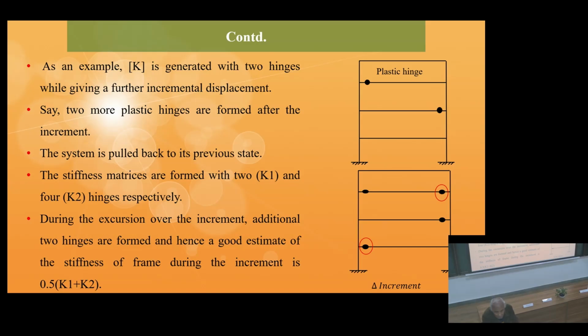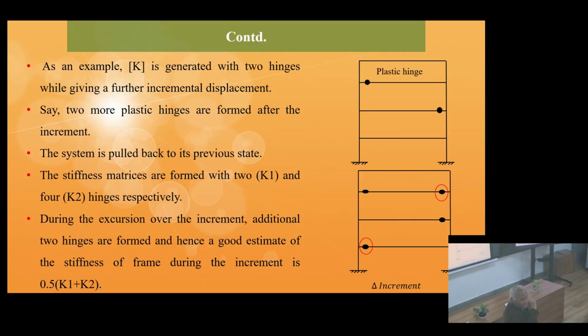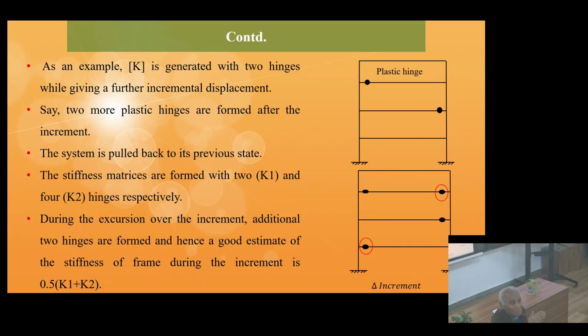So I do not know what happened during this period. So I should not take the constant stiffness generated over the entire increment, because the hinges might have formed gradually, and obviously the stiffness might have changed.